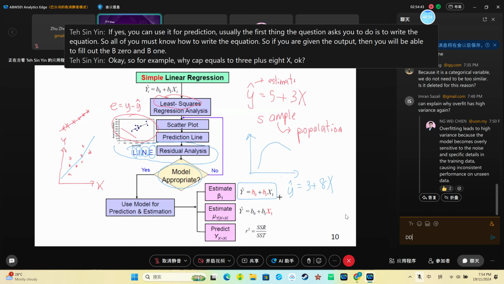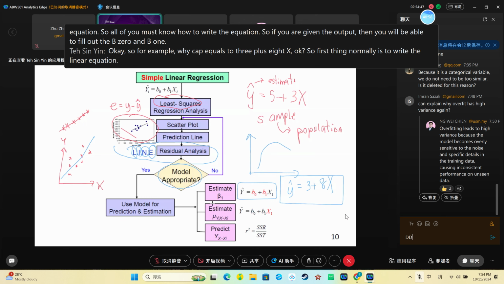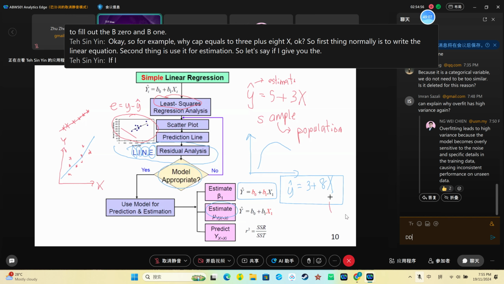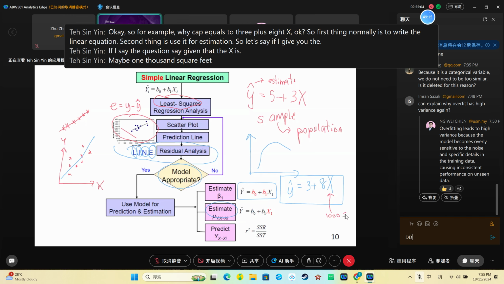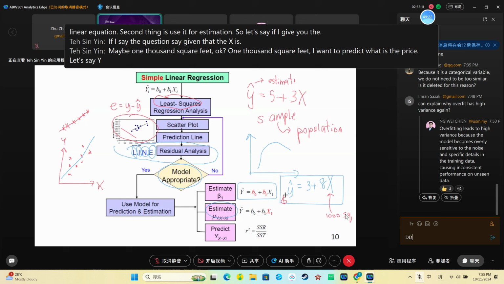So first, normally, is to write the linear equation. Second is to use it for estimation. Let's say the question says given that x is 1,000 square feet, I want to predict the price. Let's say y is the price of the house.